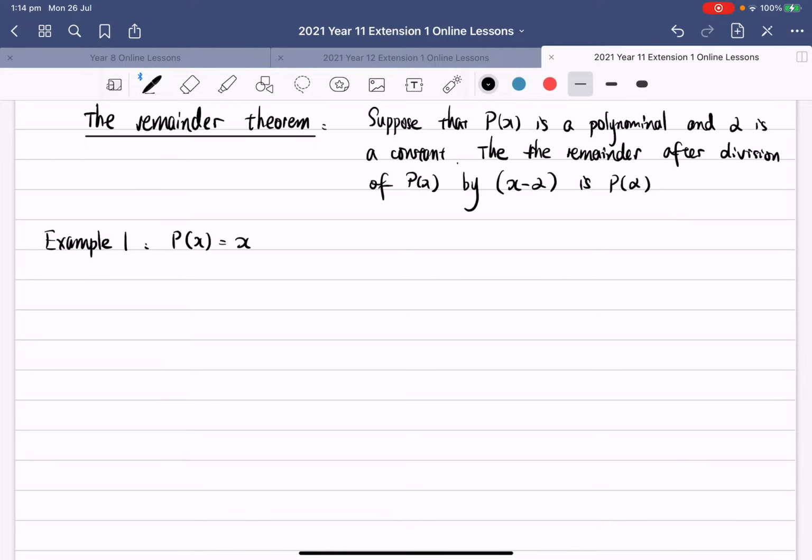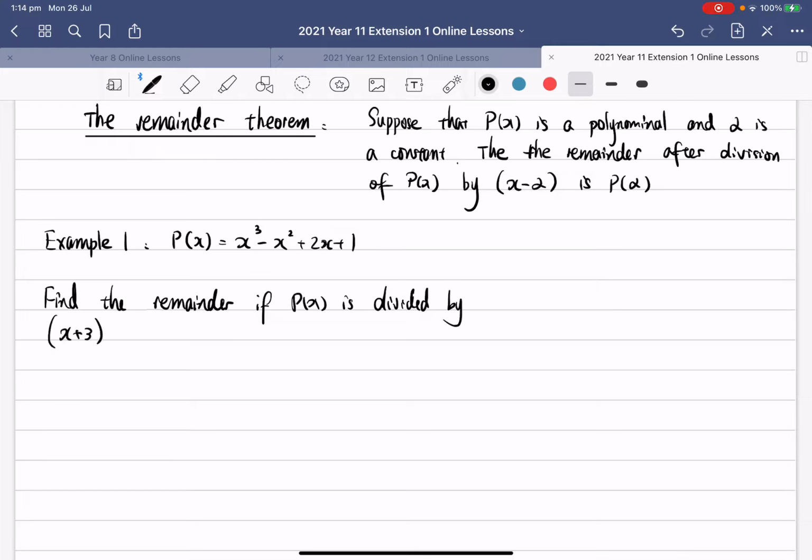Okay, so if we have p of x equal to x to the power 3 minus x squared plus 2x plus 1, the question asks us to find the remainder if p of x is divided by x plus 3.